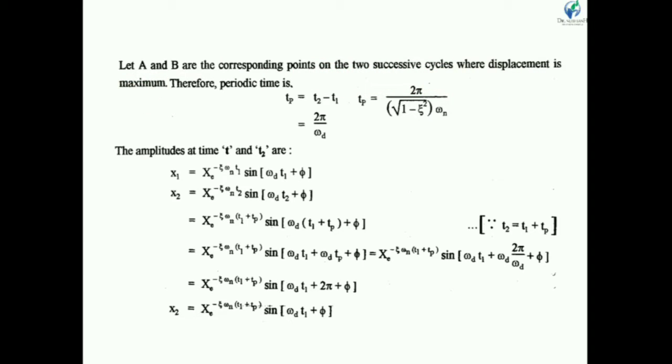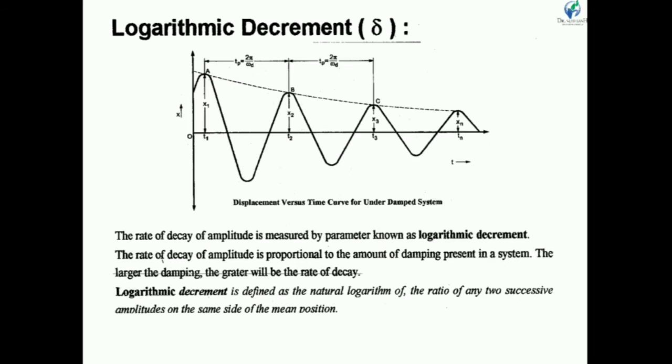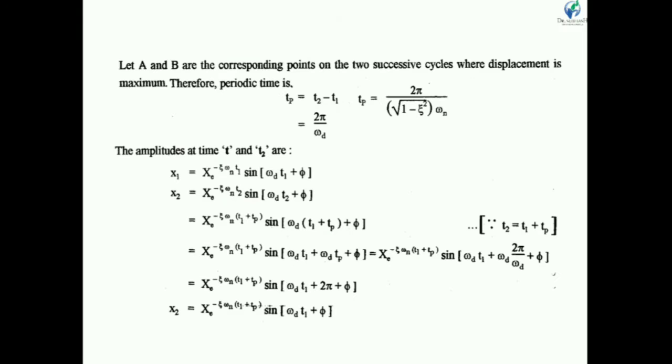The periodic time Tp is the time required to complete one cycle. So A to B is one cycle, and periodic time is equal to t2 minus t1. Since it is an underdamped system, the amplitude of vibration is continuously decreasing.